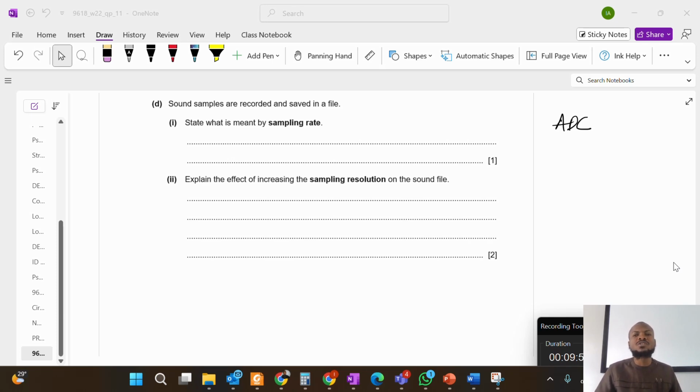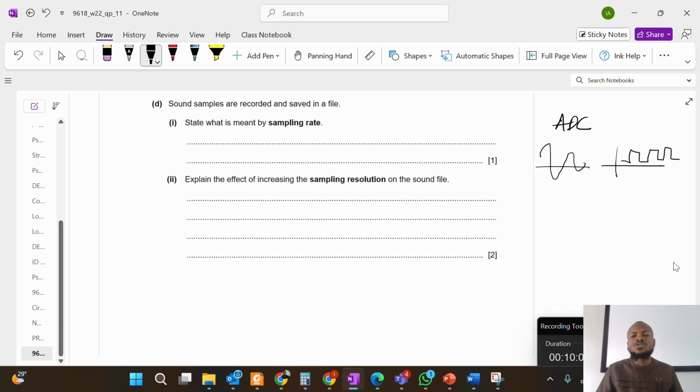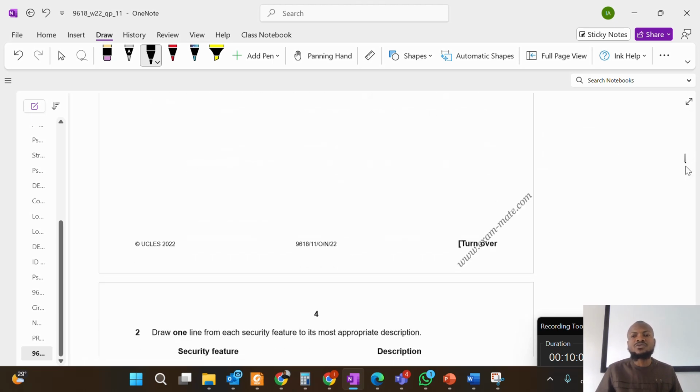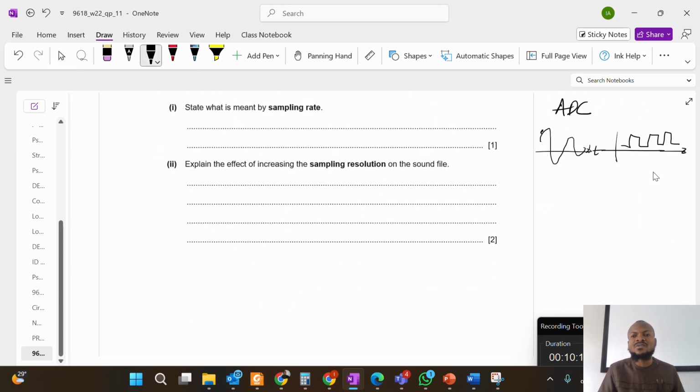While trying to save your analog signal into its equivalent digital form, it is a function of what? It is a function of time. So the number of samples taken while converting into digital per unit time is what is called sampling rate.